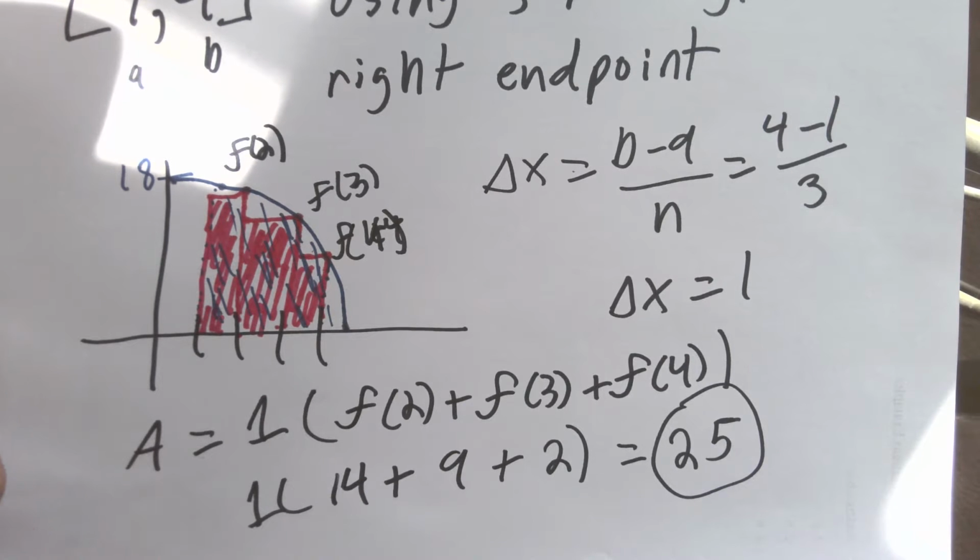Just for the sake of clarity, I'm going to briefly illustrate how this problem goes with a left Riemann sum, and then I'm going to get to the bigger picture. So let me quickly revisit the given problem.